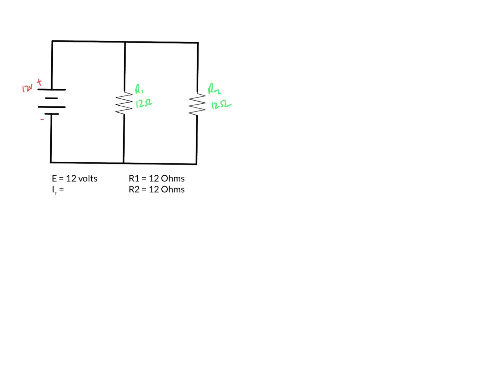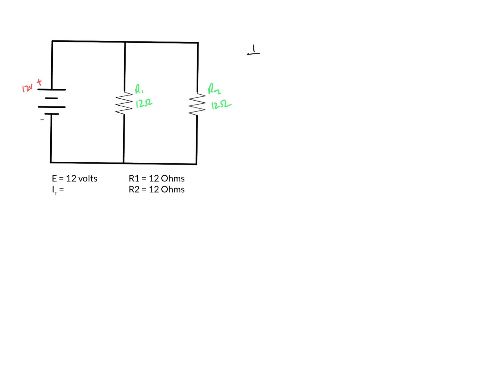So this one, we need to figure out our resistance total so that we can figure out the current that's flowing through this circuit. So step 1, as you might recall, was a matter of determining resistance total.